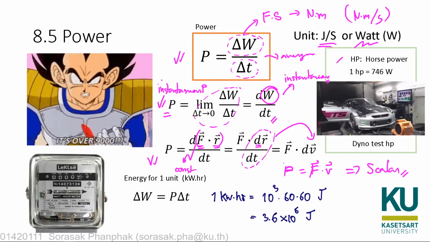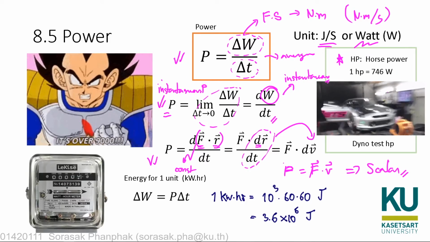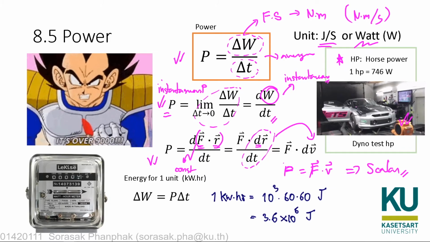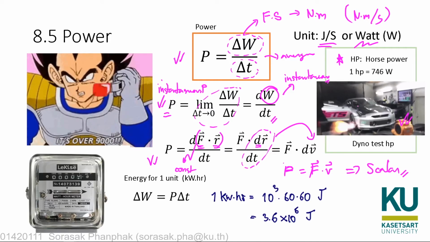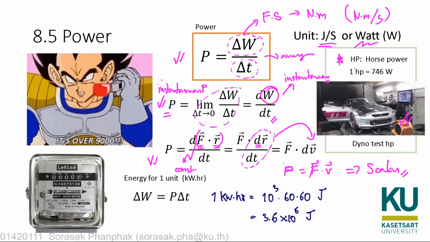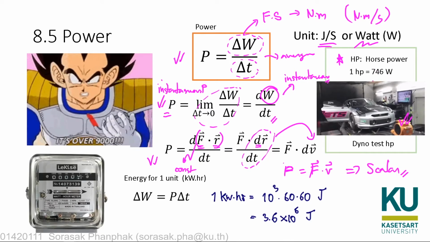You will also know another way to express power, in terms of horsepower, which is mostly used to determine the performance of a car, or how much energy the engine produces for the car. 1 horsepower is equal to 746 watt.